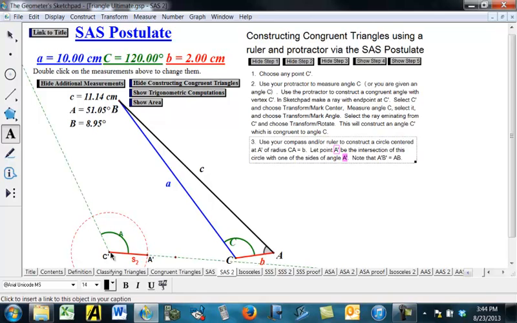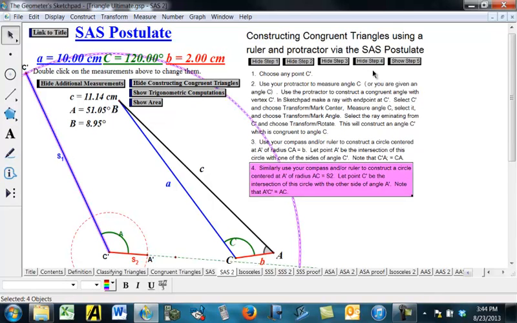And you can really pick either side of that angle. So C prime to A prime, the thing we notice is that C prime to A prime is the same as from C to A. Okay, so that's the next step.